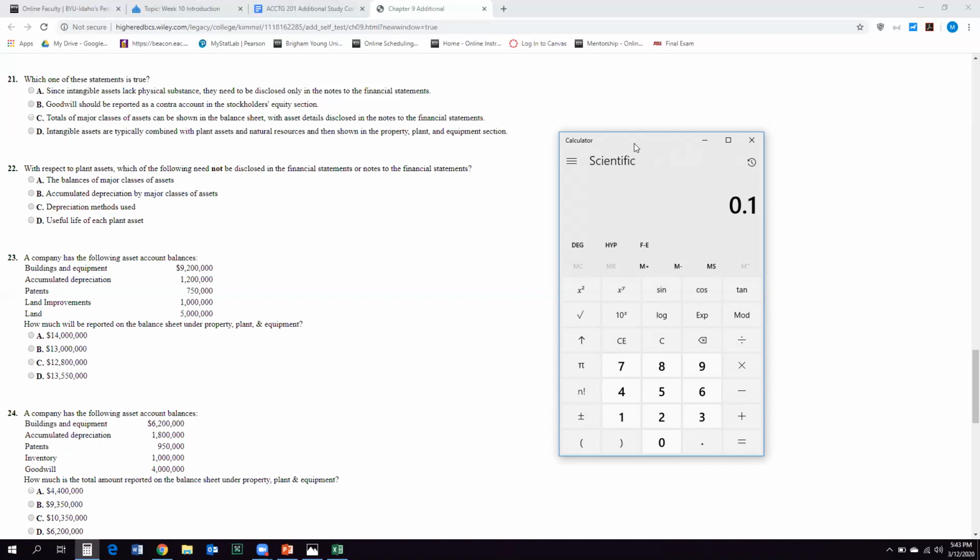It just has to be tracked separately from the land. It's a lot of zeros. And then minus our accumulated depreciation. So I think it should be 14 million.